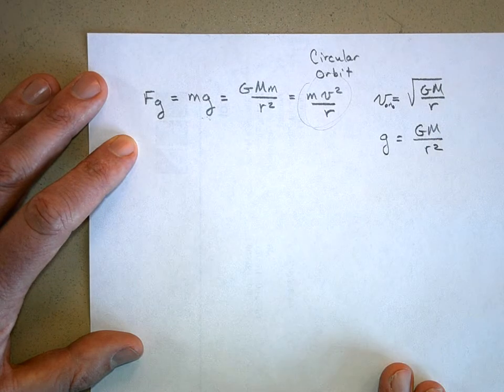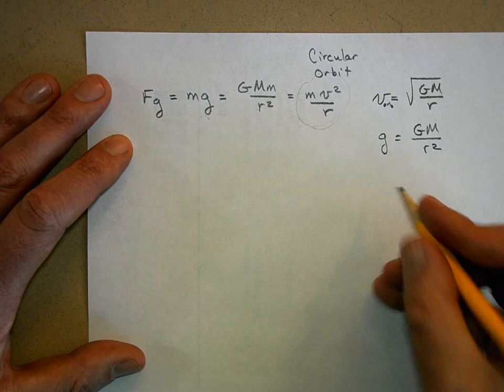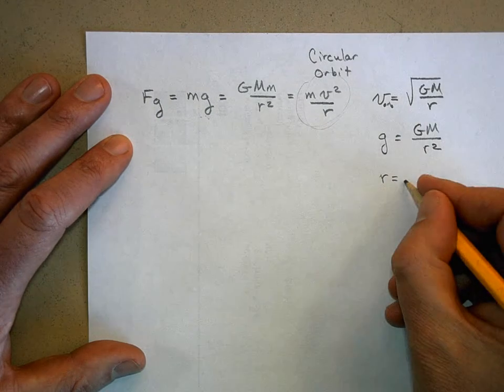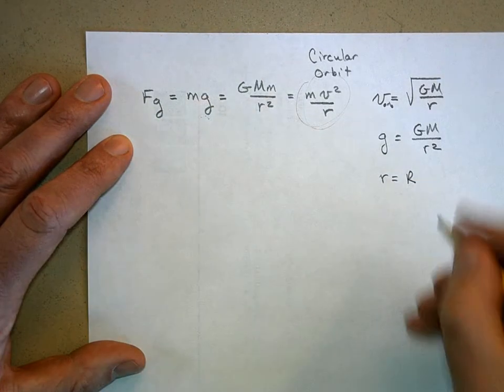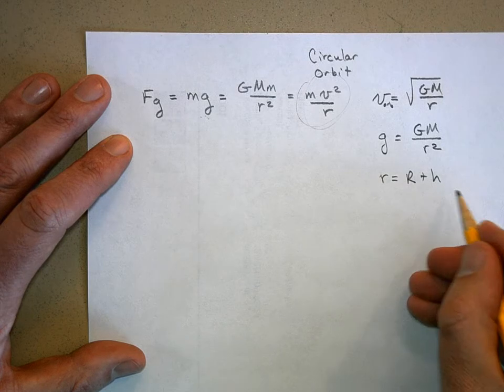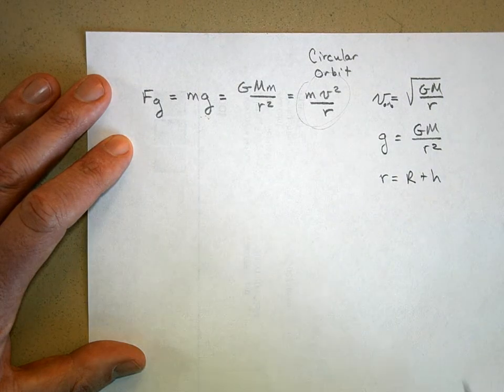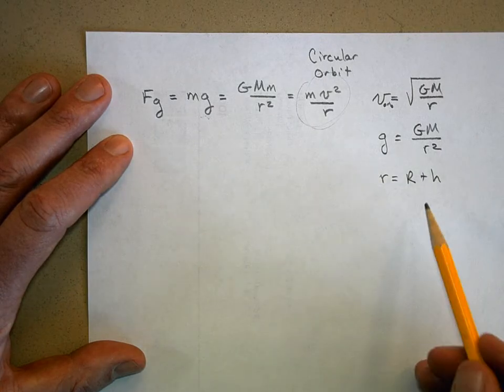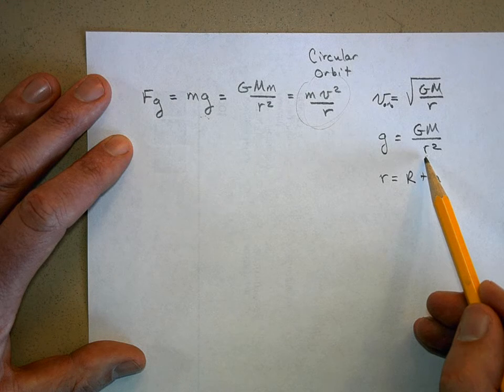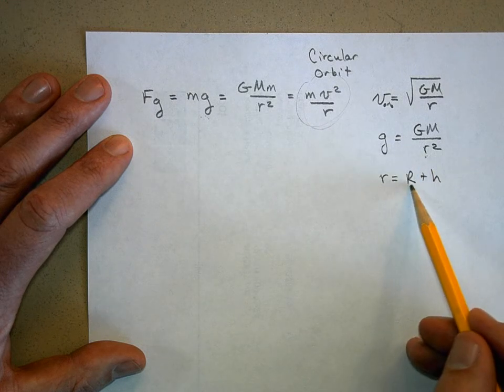And you should also know that r is equal to the radius of the planet plus my height above the surface, if that's what they give you. Sometimes they give you r, little r. But if they give you the radius of the planet and then a height, you have to add them.